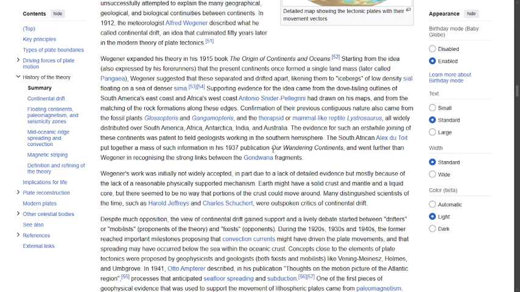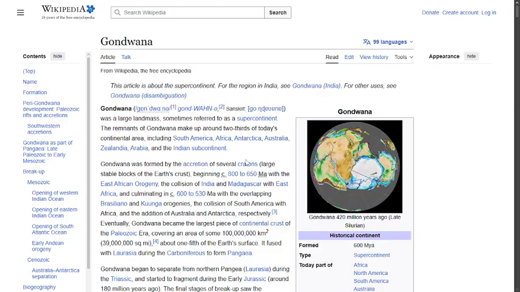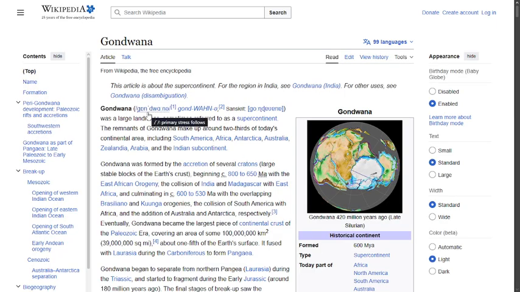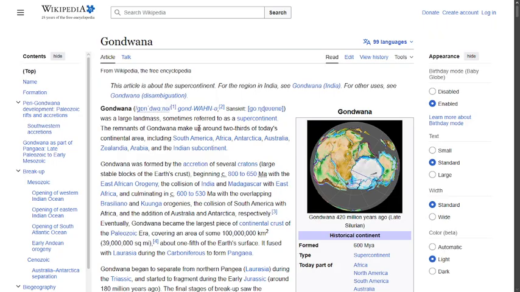Publication, Our Wandering Continents, and went further than Wegener in recognizing the strong links between the. Let's look into this. What's this? The Gondwana. Large landmass, sometimes referred to as a supercontinent. The remnants of Gondwana make up 2/3 of today's continents.